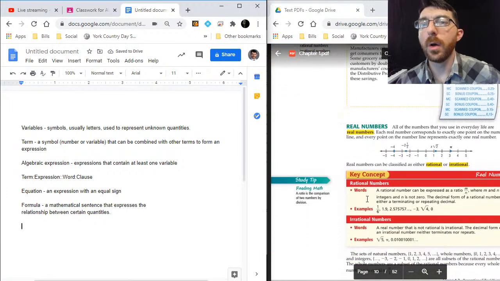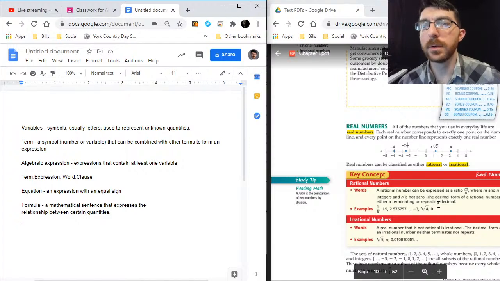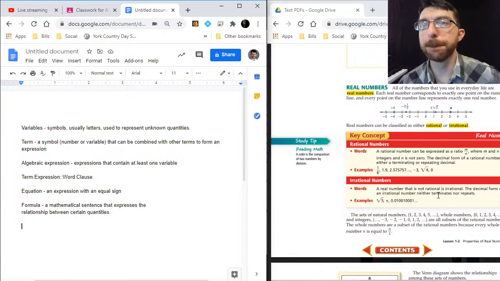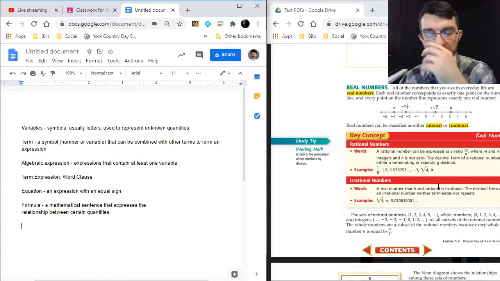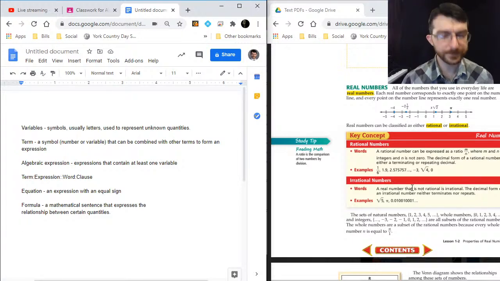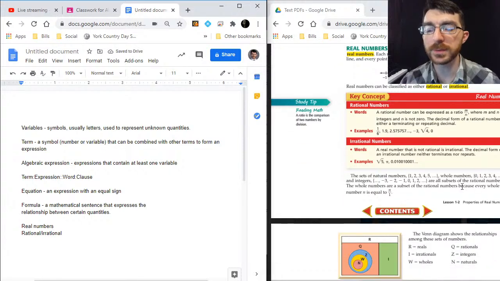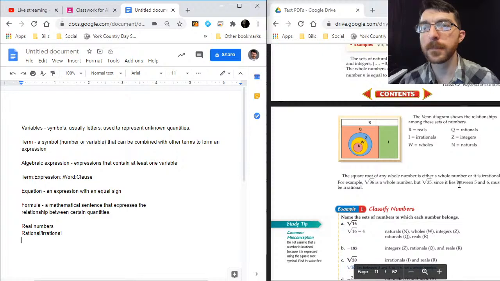So, real numbers are rational or irrational. Okay. So, I'm going to need to build a lesson on that number theory. So, let's see here. Real numbers, rational, irrational. It's ironic that I'd put a slash between those. Got it.